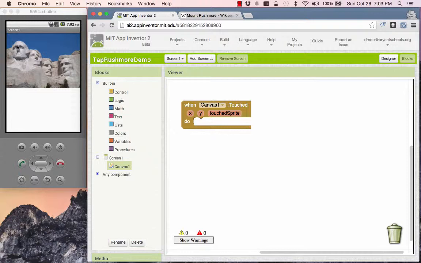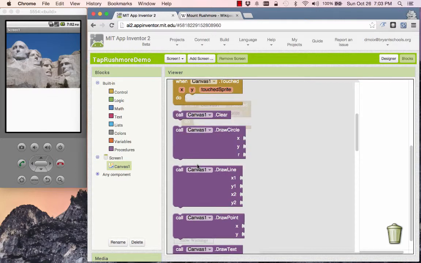So first of all, we need to know the dimensions of George Washington's face, and we were representing it by a circle. So let's just guess and check here a little bit, and let's draw a circle on this canvas to see if we can come up with a circle that represents his face. Canvas 1 has some functions here.